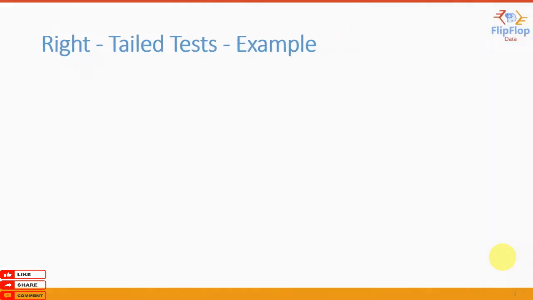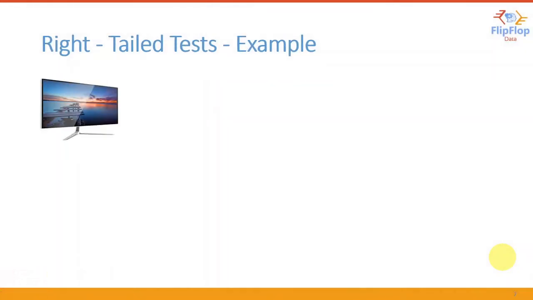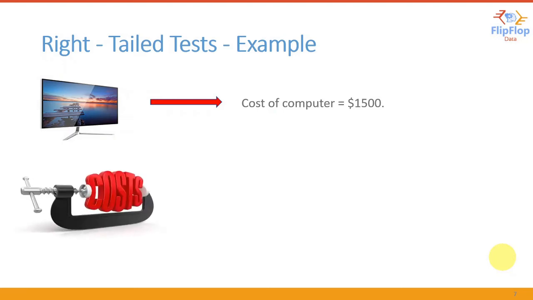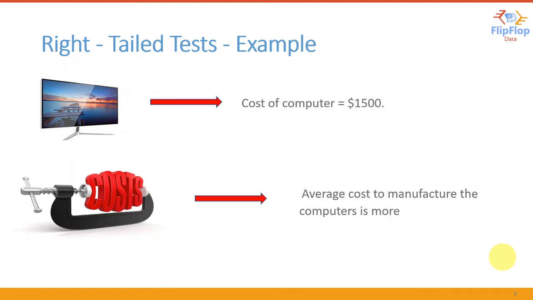Suppose a high-end computer manufacturer, maybe Hewlett Packard, sets the retail cost of their computers based on a manufacturing cost of $1,500. However, the company thinks that there are hidden costs and that the average cost to manufacture computers is actually more.